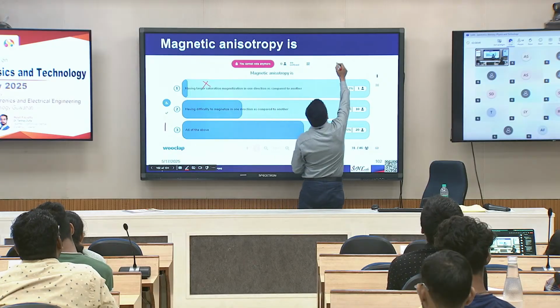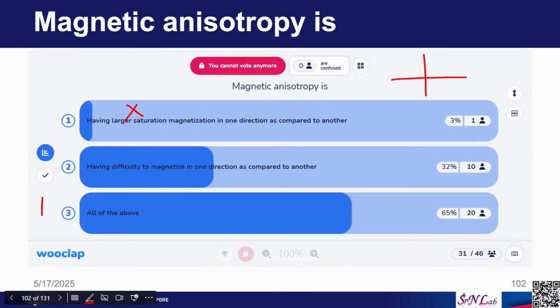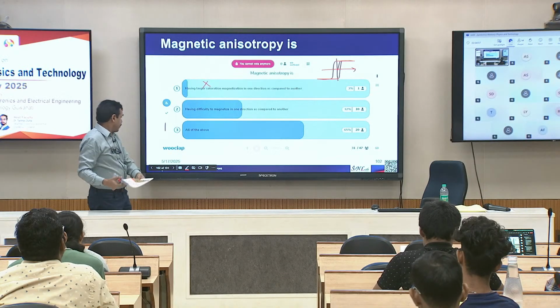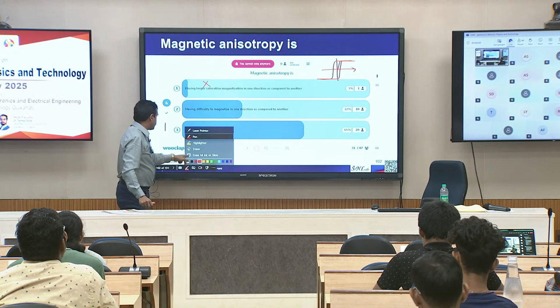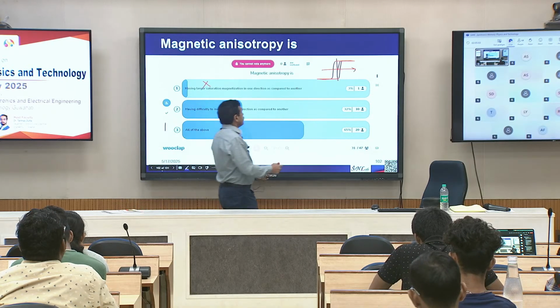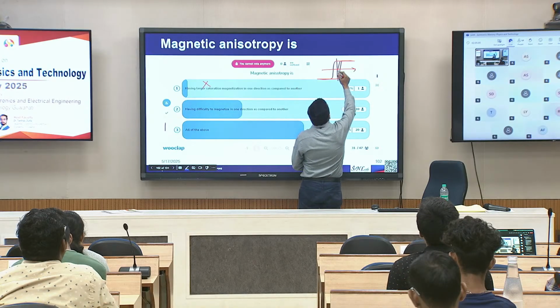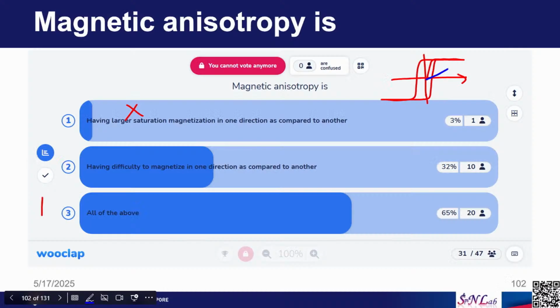When you apply magnetic field in the plane of that paper, you will reach saturation quickly and you will have a hysteresis loop like this. Now, I apply magnetic field in the perpendicular direction. I need more magnetic field.